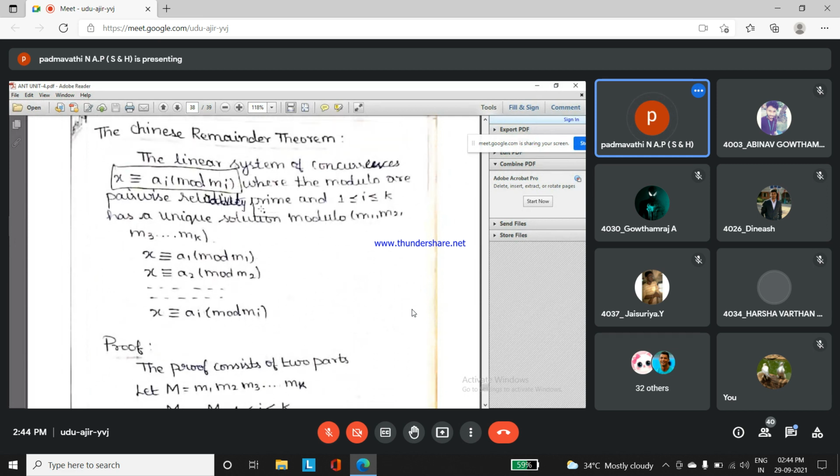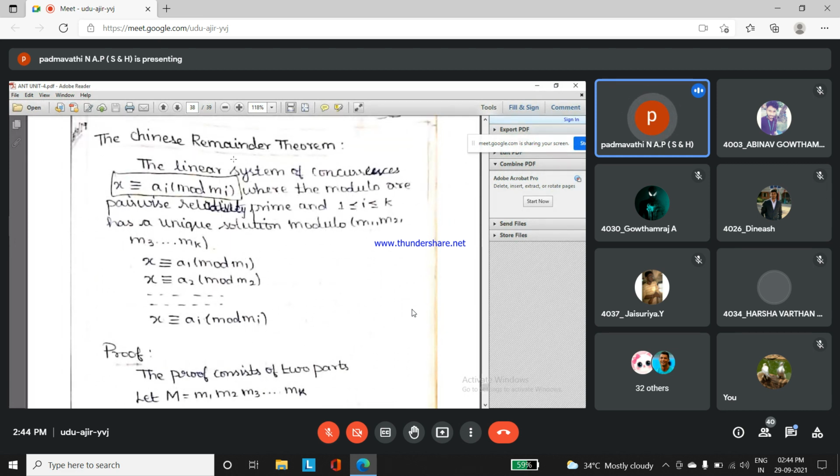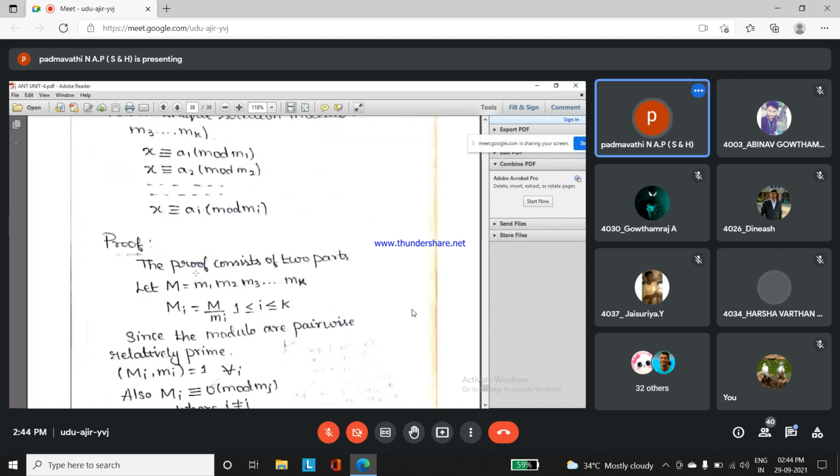See, the Chinese remainder theorem statement: the linear system of congruences X is congruent to Ai mod mi, where the moduli are pairwise relatively prime and i lies between 1 to K, has a unique solution modulo M. Now, what is capital M?